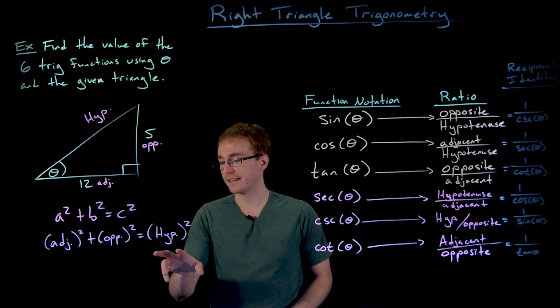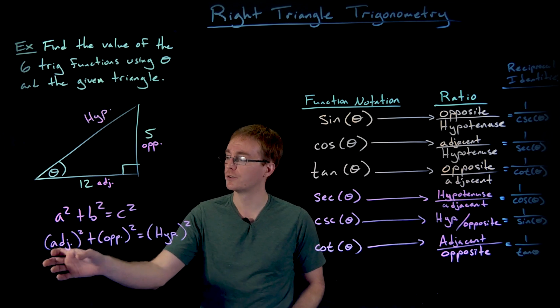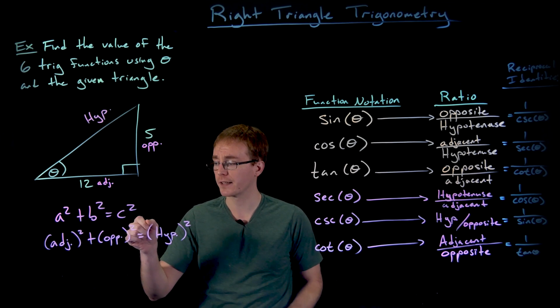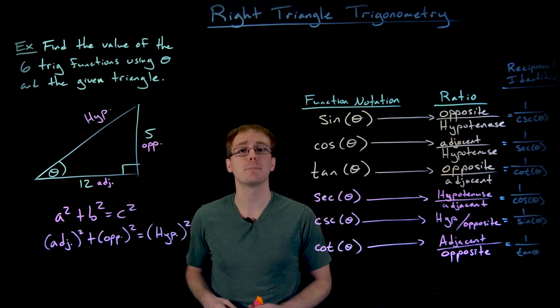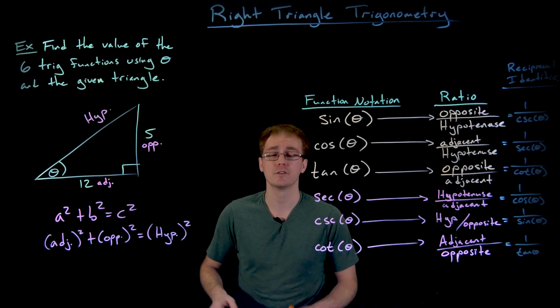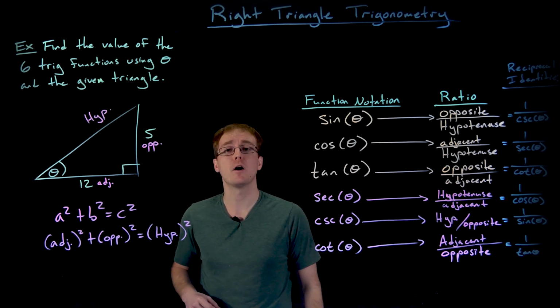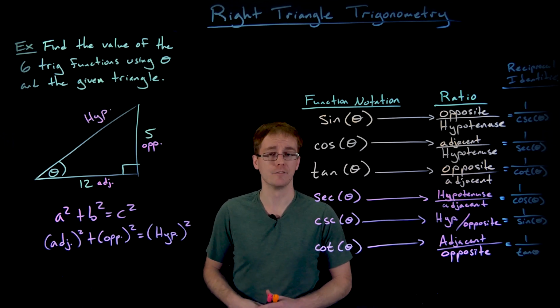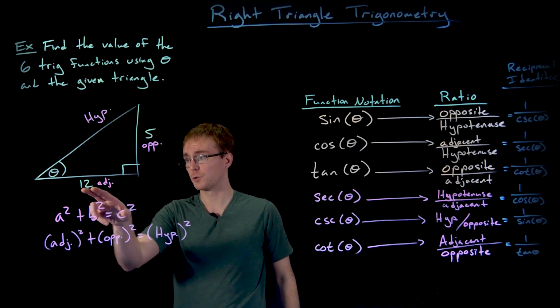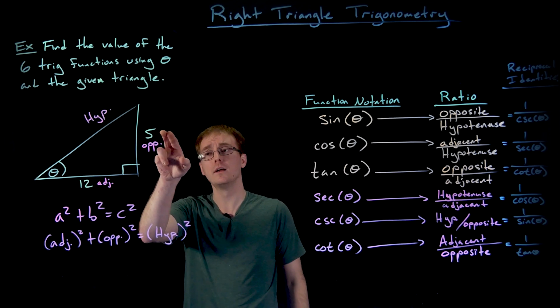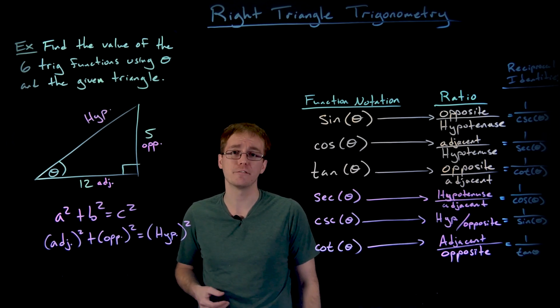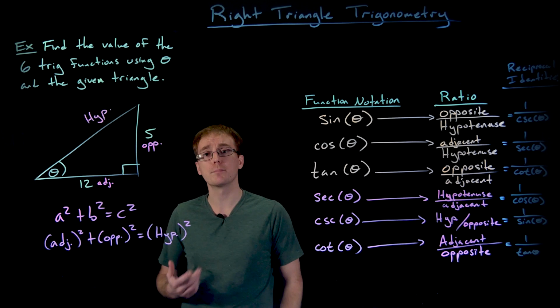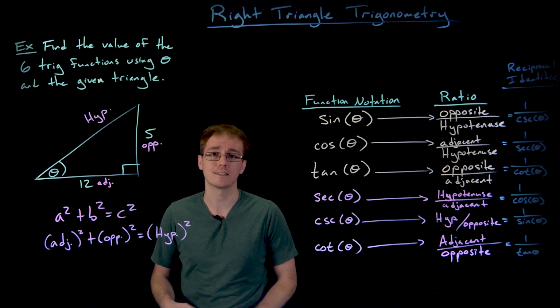So another way of stating that is the hypotenuse squared is equal to the adjacent side length squared plus the opposite side length squared. So the two non-hypotenuse side lengths squared and summed up always give us the square of the hypotenuse. So 12 squared, or 144, plus 5 squared, or 25, gives us 144 plus 25, that's 169.